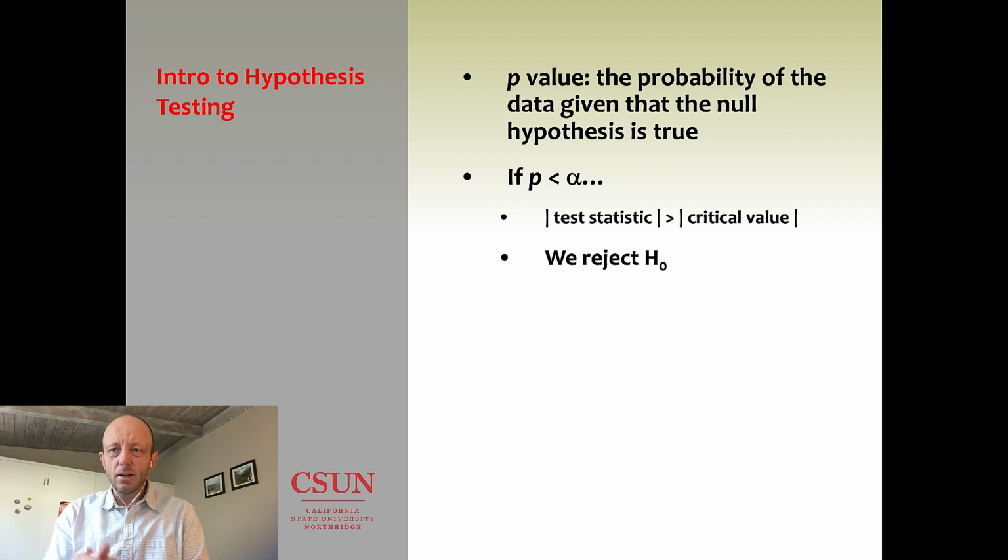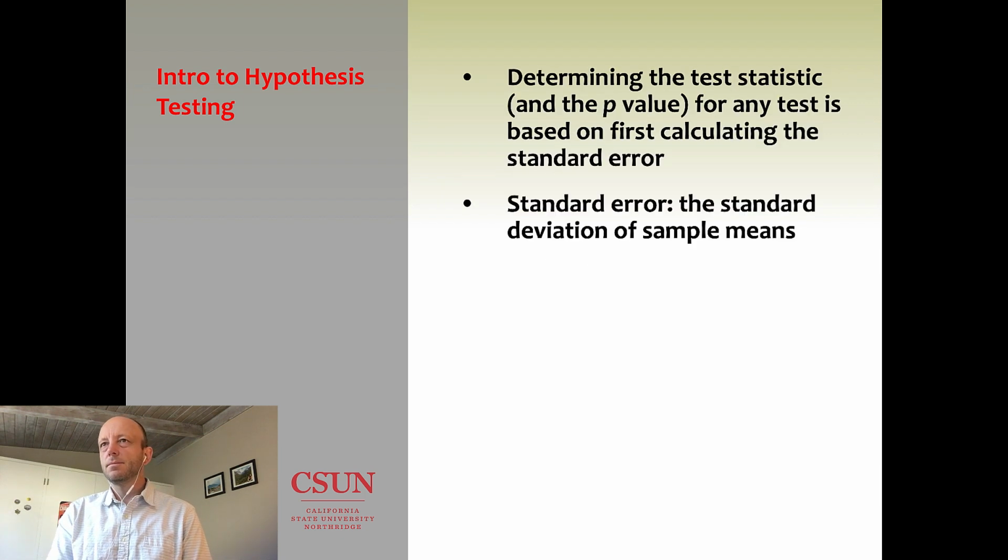So a test statistic, which we calculate for each test, that is greater than a critical value, which you can find online or whatever. You'll see all the details as we go through these hypothesis testing videos. P-value less than alpha, test statistic greater than critical value, reject the null hypothesis. If one is true, the other two have to be true. Always. We'll keep coming back to that.